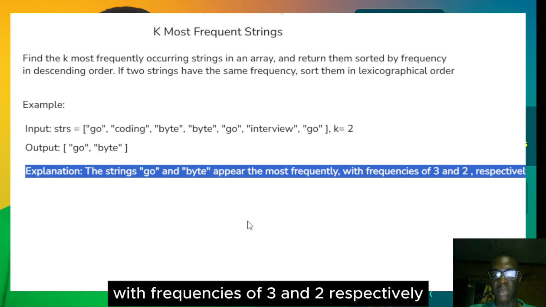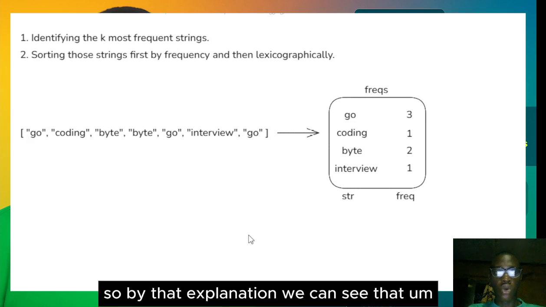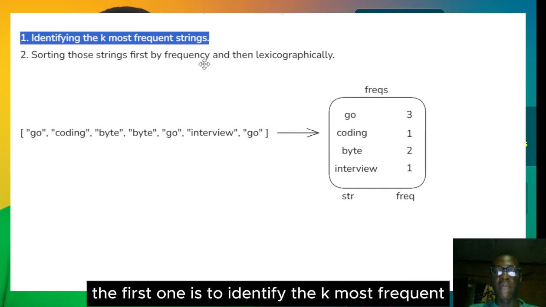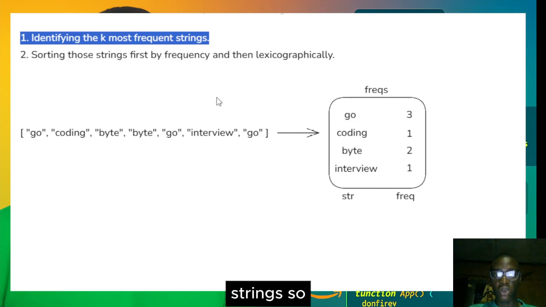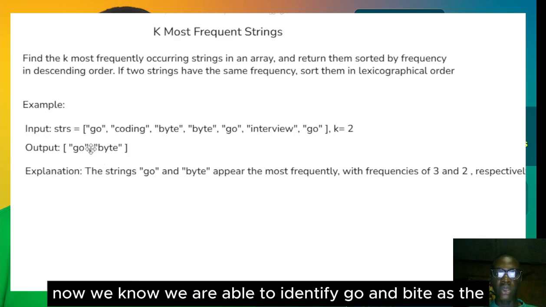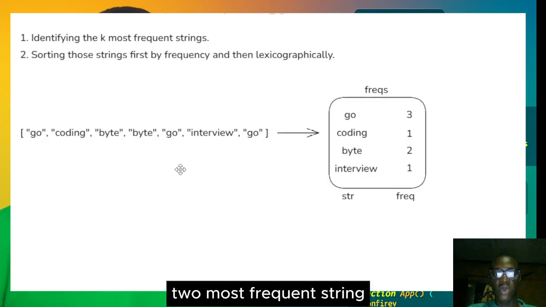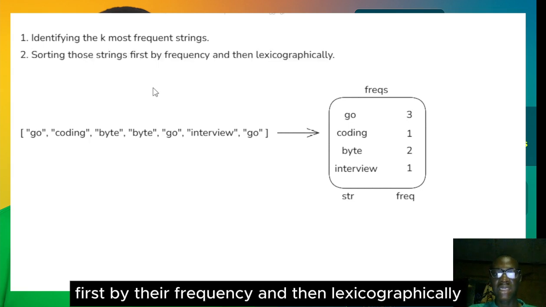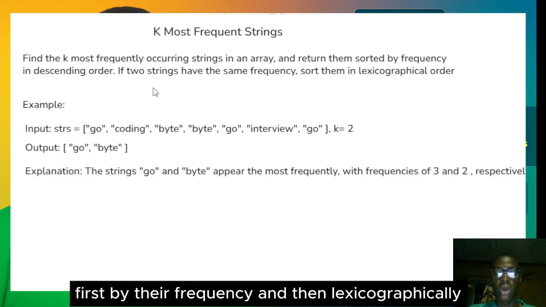So just like in the explanation, the strings go and byte appear the most frequently with frequencies of 3 and 2 respectively. By that explanation, we can say that we have 2 challenges to solve in this problem. The first one is to identify the k most frequent strings, like here where we identified go and byte. The second challenge is to sort these strings first by their frequency and then lexicographically.